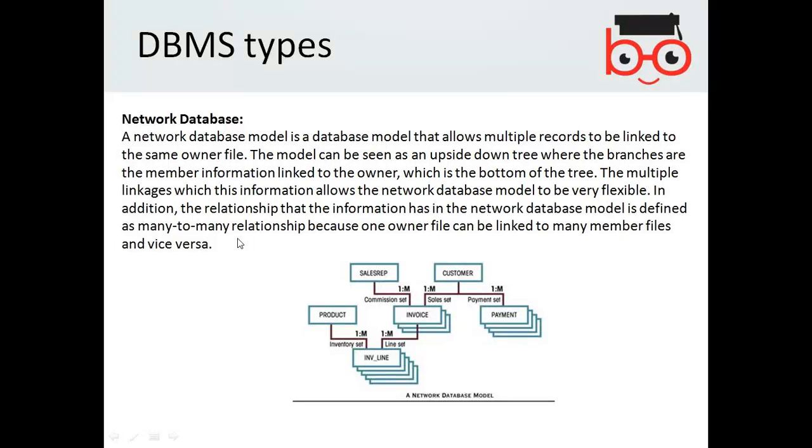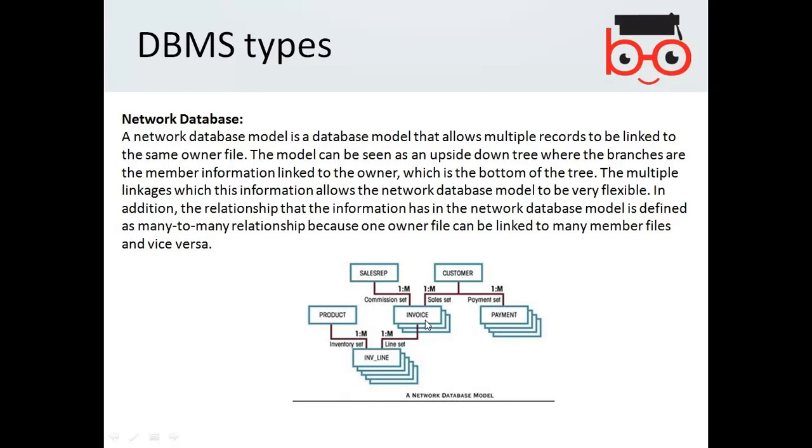In addition, the relationship that the information has in the network database model is defined as a many to many relationship, because the owner of the file can be linked to any member files and vice versa. So here, one sales representative is connected with an invoice.